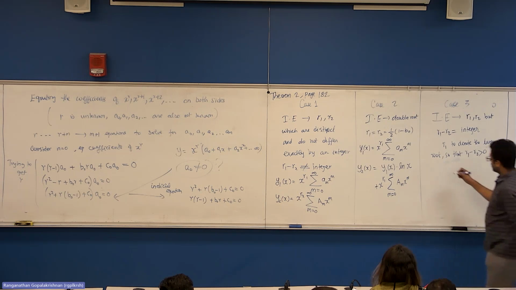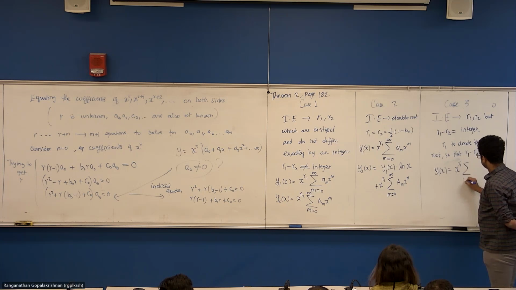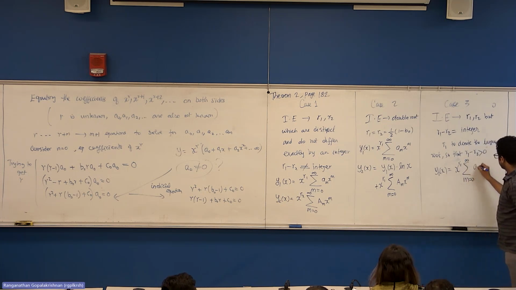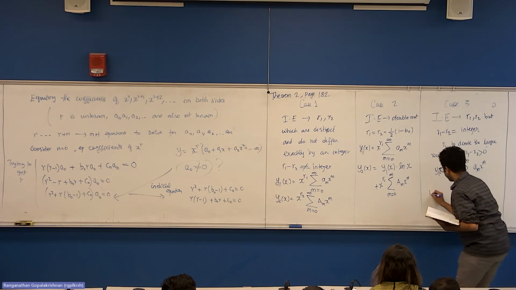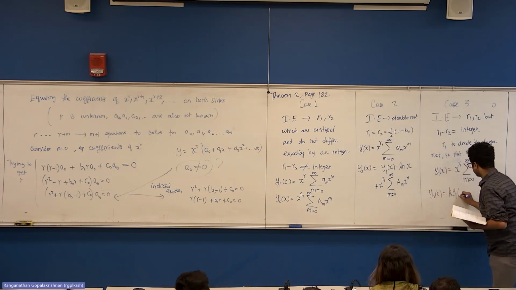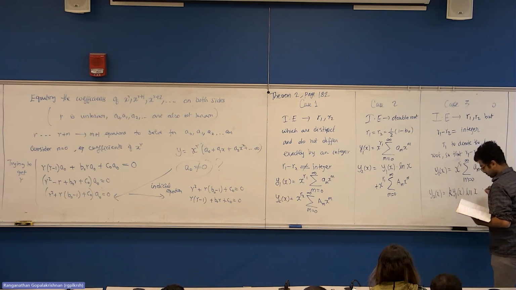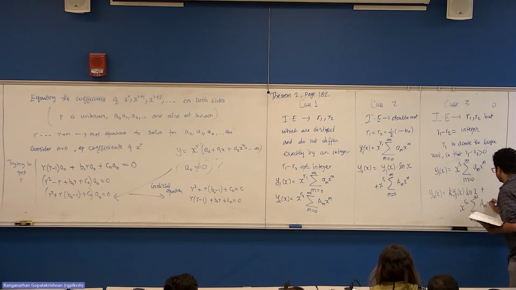In that case, one of the basis functions is y1 of x equals x power r1 times the summation from 0 to infinity of a_m x power m. And y2 of x is k times y1 times ln of x plus x power r2 times the summation from m equals 0 to infinity of A_m x power m.